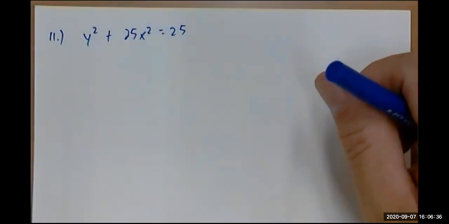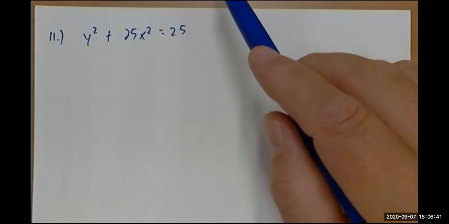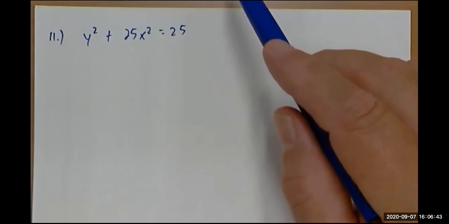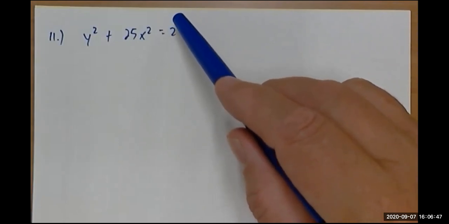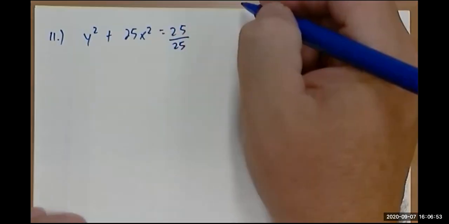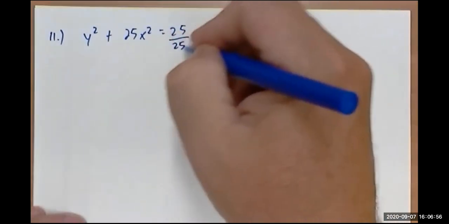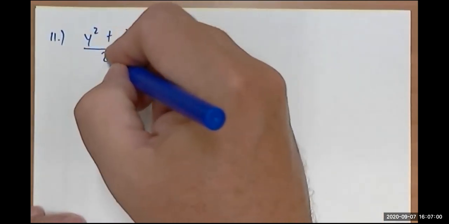So I need to do some algebra and convert this so that this equation is in standard form. Like I keep saying, the key thing is one side has to be 1. How can I make this side equal to 1? Divide it by 25.